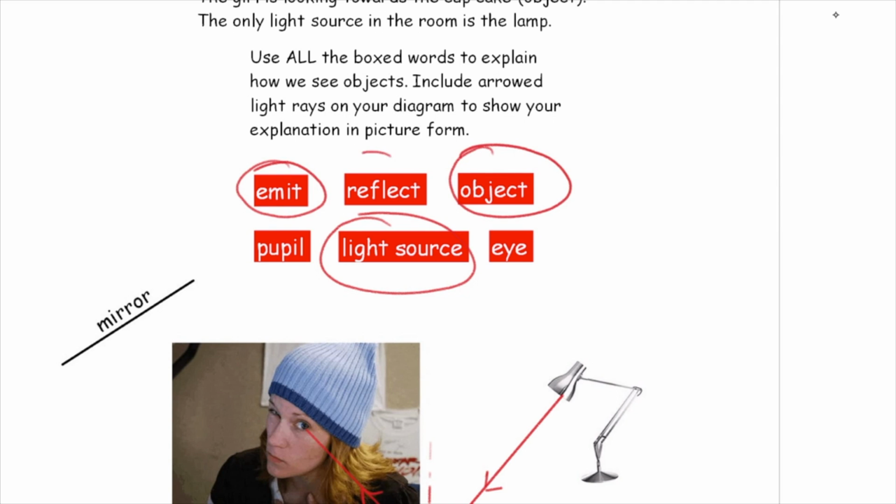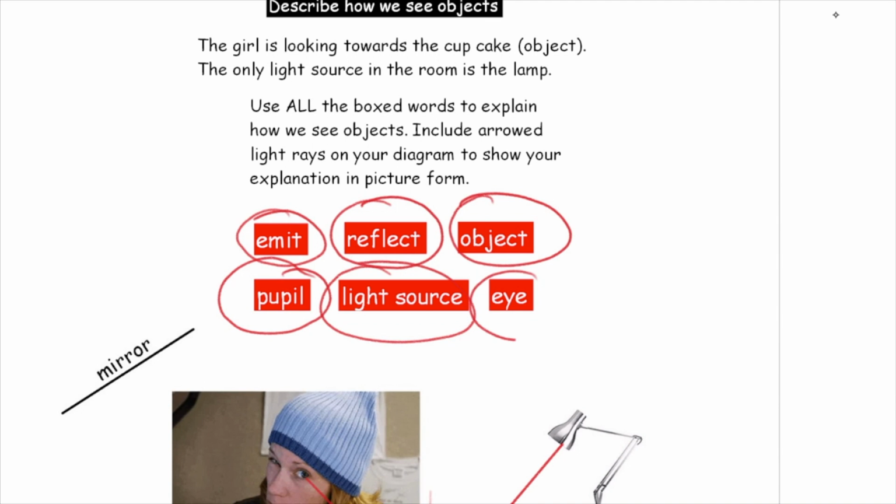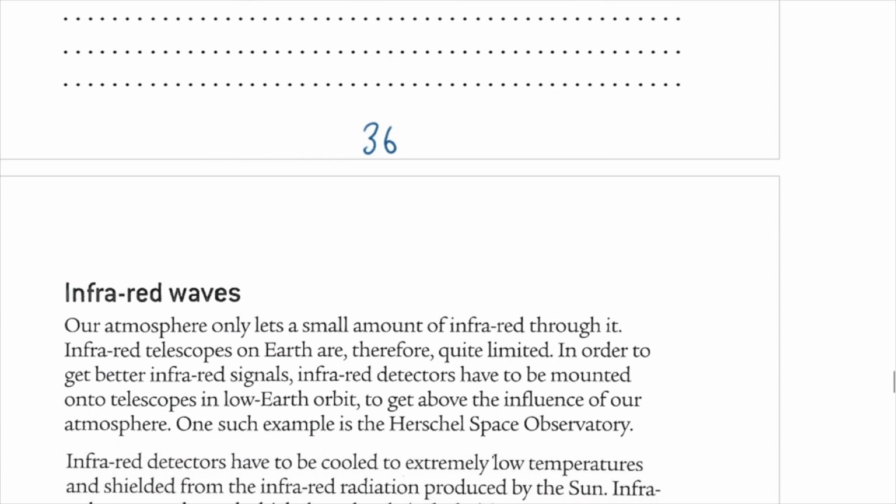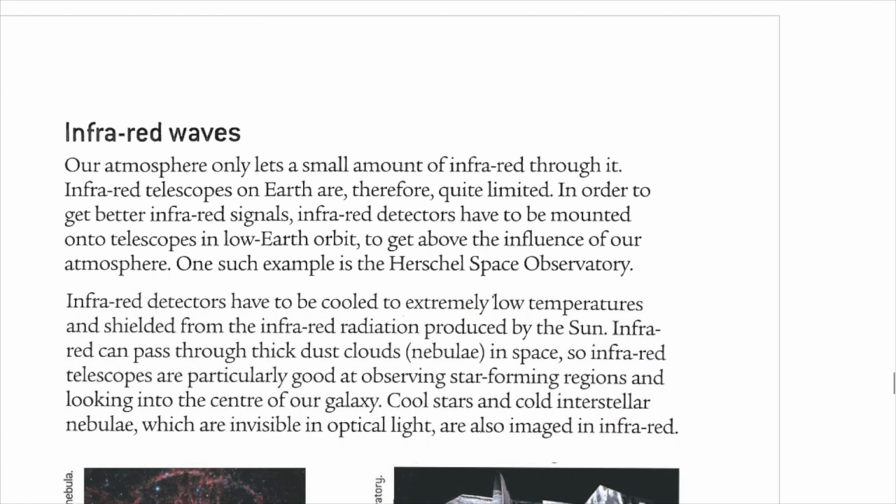The light reflects off the cupcake into the pupil of the girl's eye, or something similar, words to that effect.